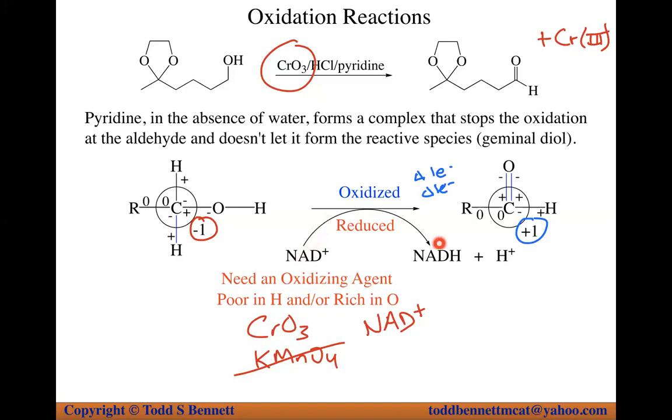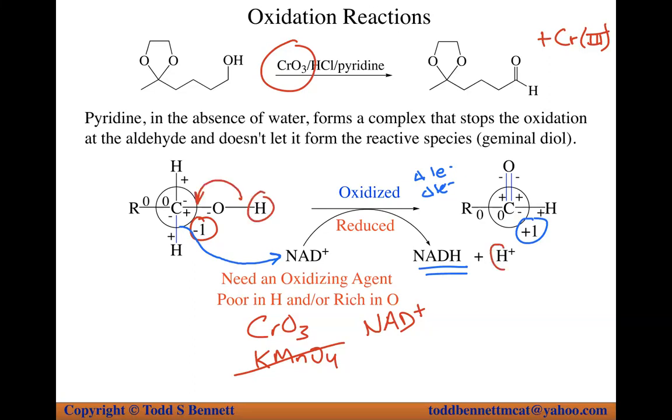NAD plus picks up the H. So the H it picks up is the one that left with electrons. So we mentioned that the H loses electrons. So these electrons are going to go to the NAD plus, forming NADH neutral. So H with electrons becomes H minus, and NAD plus becomes NADH, leaving this oxygen proton to come off as a proton.